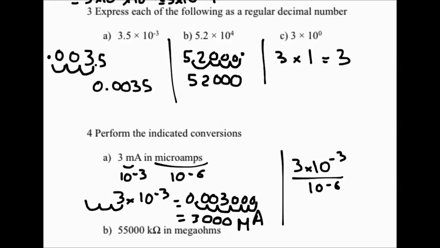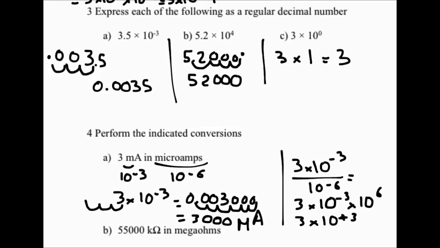So that's the same as 3 times 10 minus 3 multiplied by 10 to the power of 6. So 6 minus 3, you're left with 3, 10 plus 3. Okay? And the powers add up when you multiply. To multiply the same number by different powers, they just add up.